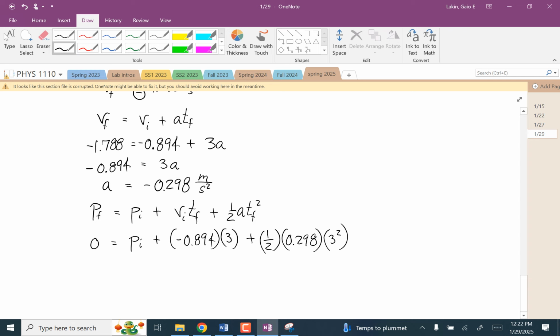And this should be a negative 0.298. And what you get here is that PI is equal to positive 4.02 meters.